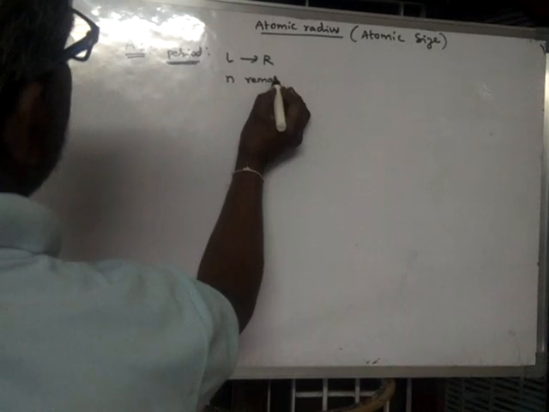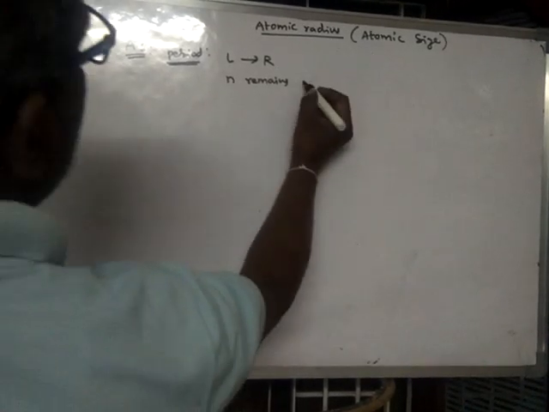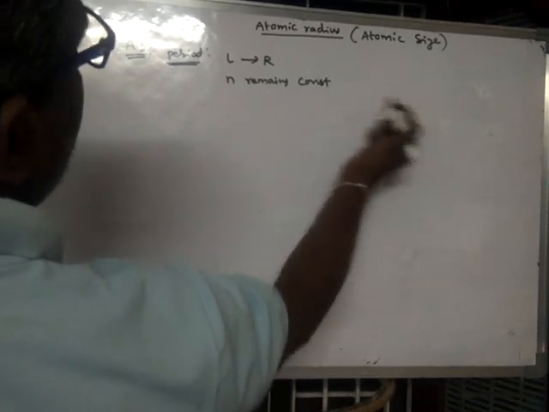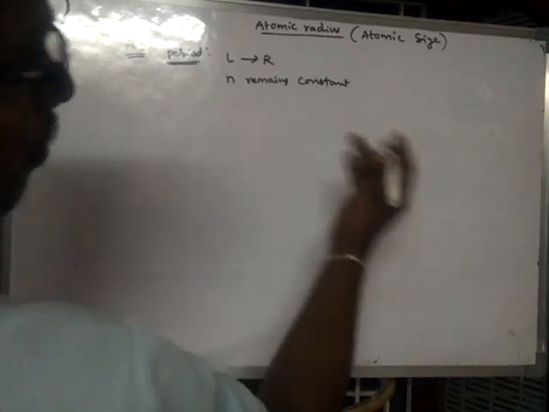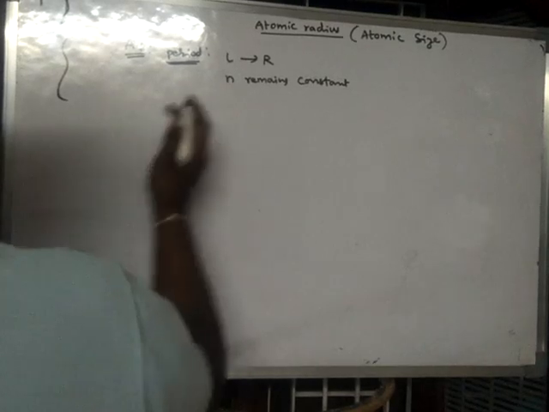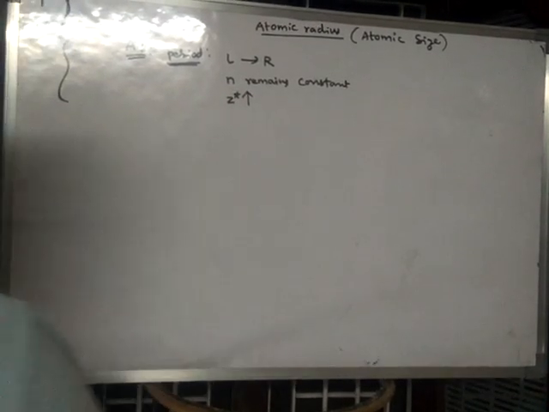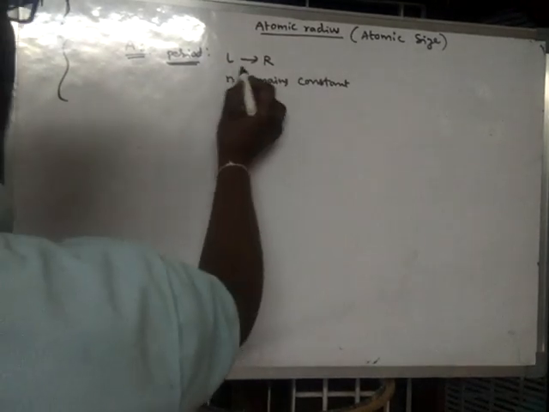What is N? The outermost orbit remains constant. We have seen that in the previous example: sodium, magnesium and aluminum. So N remains constant, but Z star increases. So these two are the reasons.